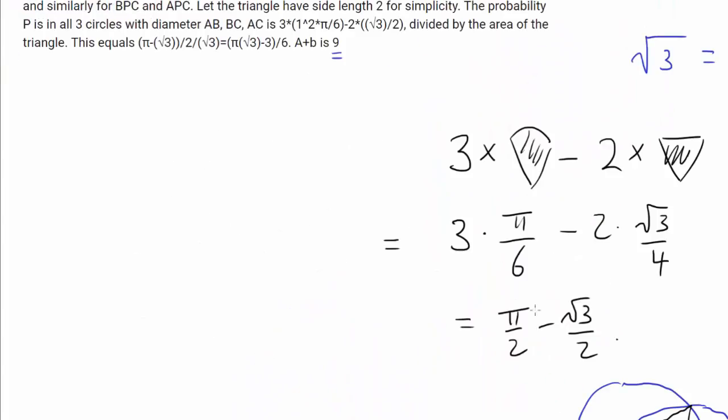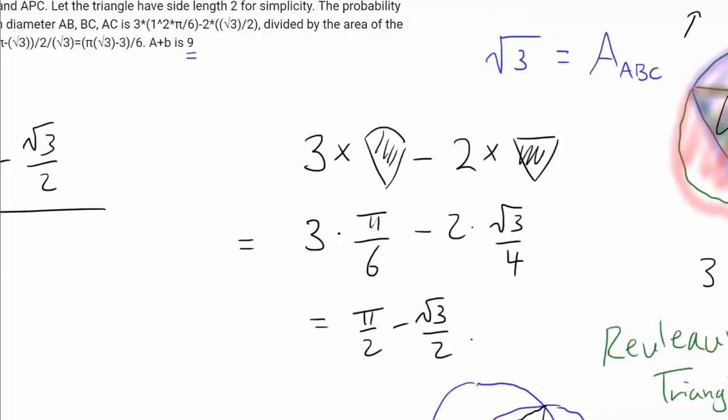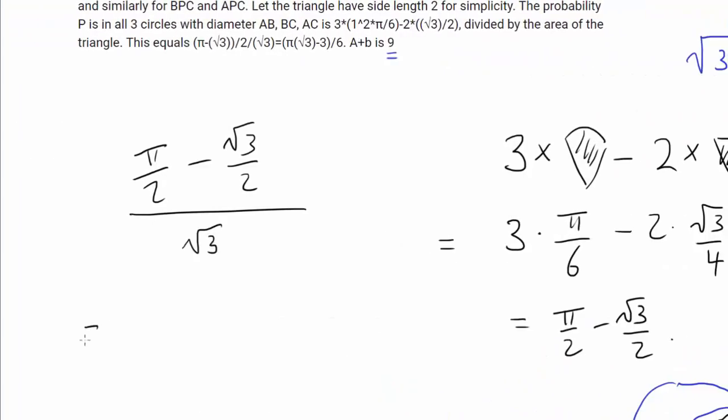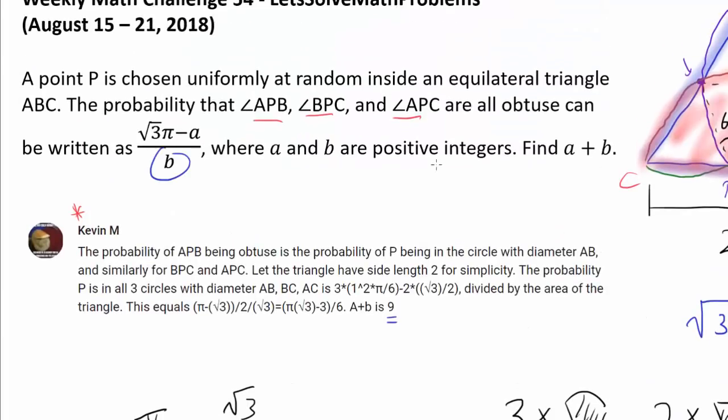So we want to divide the area of the Reuleaux triangle, pi over 2 minus square root of 3 over 2, by the area of the entire triangle ABC, which is square root of 3. So we're dividing by 2 times square root of 3. On top, we have pi minus square root of 3. And we want to rationalize this because b is an integer.